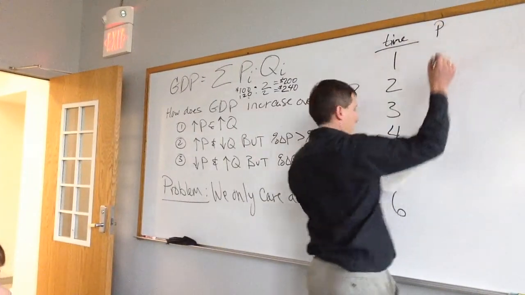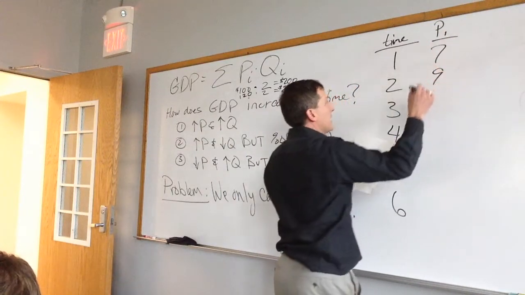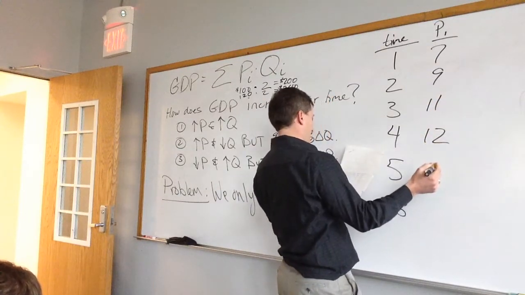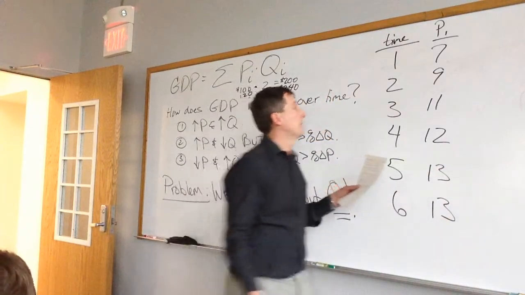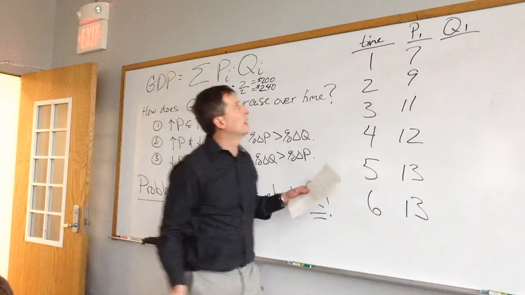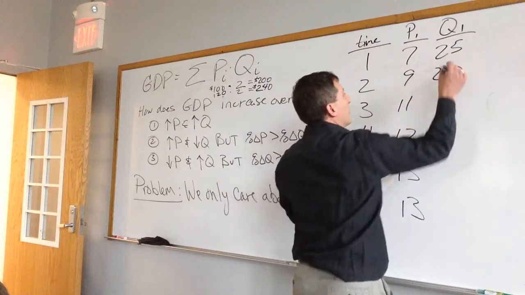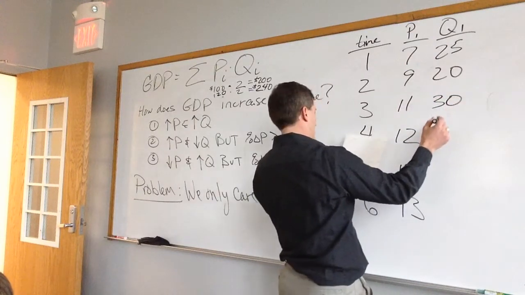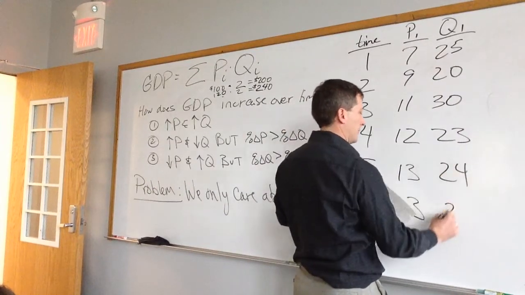We've got the price of good 1, and it runs 7, 9, 11, 12, 13, 13. We've got the quantity of good 1, and it's at 25, 20, goes up to 30, back down to 23, 24, 24.